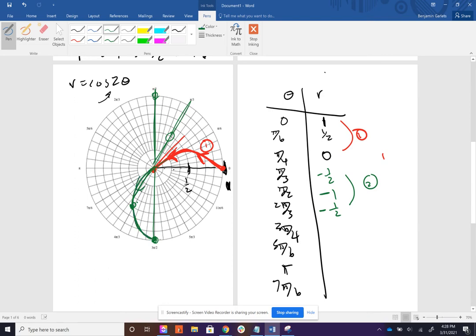And then negative 1/2 again for 2 pi over 3, which is 2, 3. So that's 1/2. Flipping it. I'm going like that.